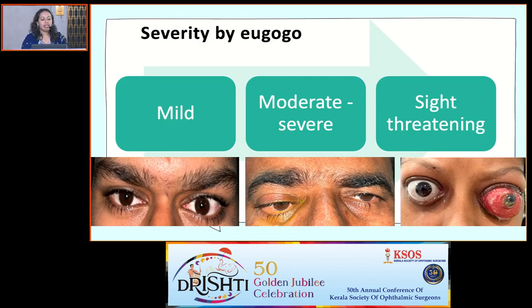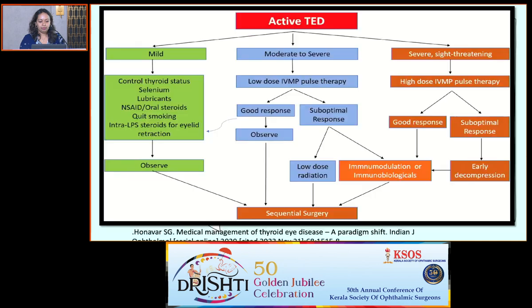So the severity is defined by EUGOGO, that is mild if there is minimal lid retraction and minimal extraocular muscle motility defects, and moderate to severe if there is profuse proptosis and if there is extensive extraocular motility disorder, and if it's sight-threatening, if it is dysthyroid optic neuropathy and corneal exposure.